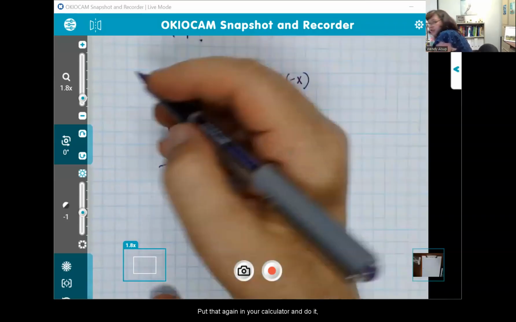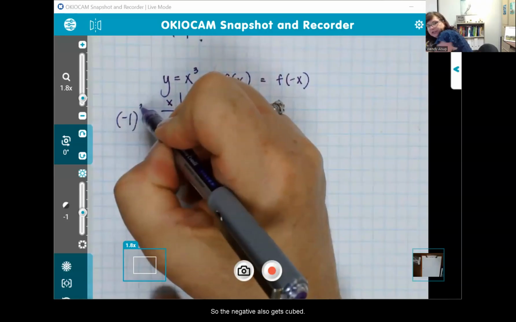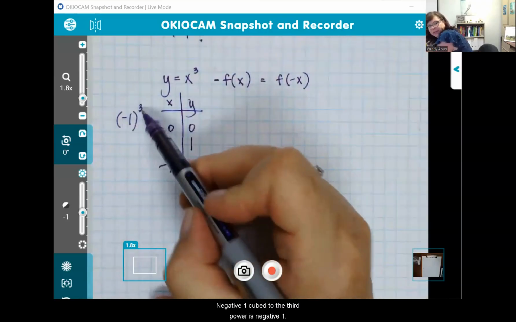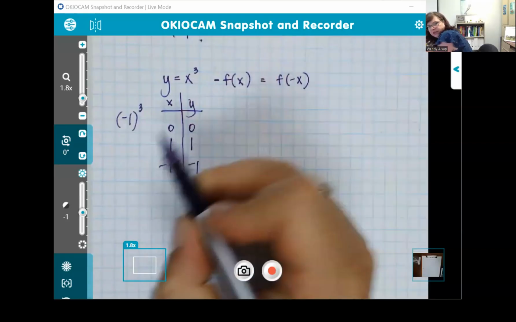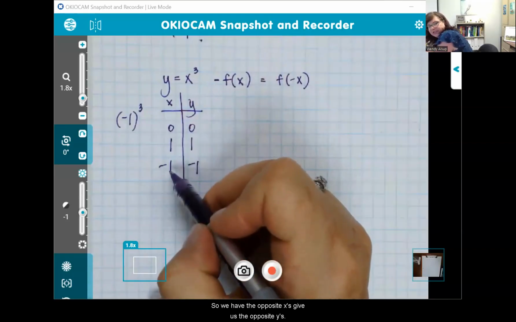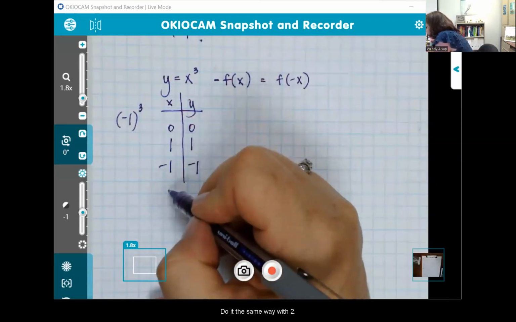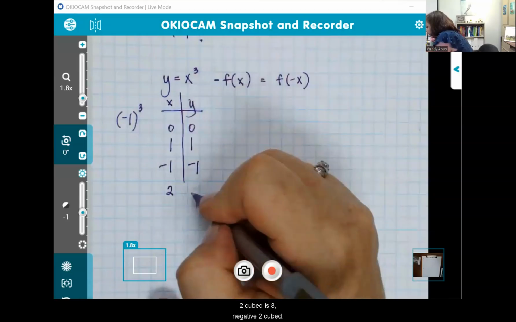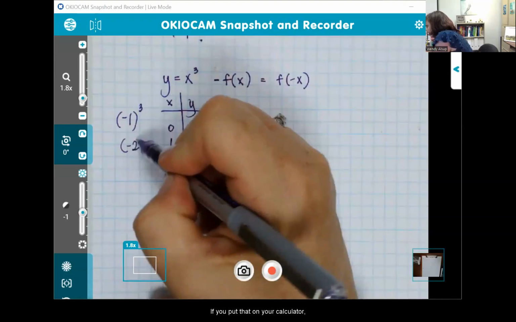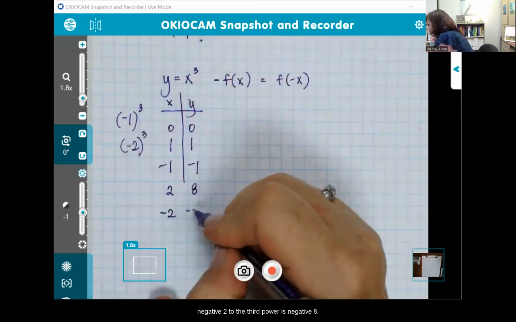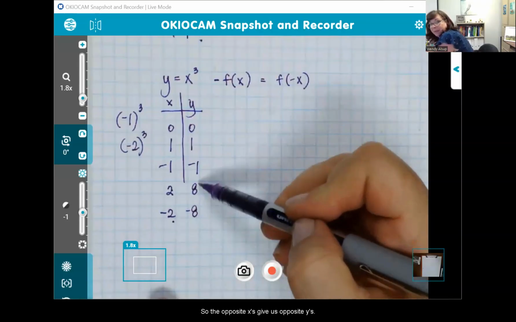Put that in your calculator in parentheses so the negative also gets cubed. Negative 1 to the third power is negative 1. So the opposite x's give us the opposite y's. We do it the same way with 2. 2 cubed is 8. Negative 2 to the third power is negative 8. So the opposite x's give us opposite y's.